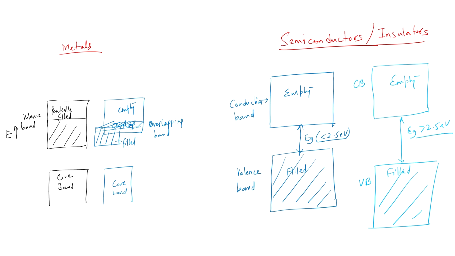So, insulators are often called wide band gap semiconductors. They have similar band structures, it is just that the band gap magnitude is much higher in insulators than in semiconductors. So, that is how they look in these materials.